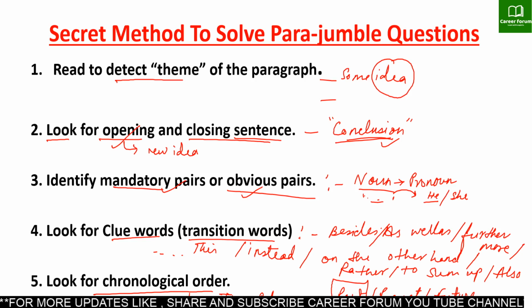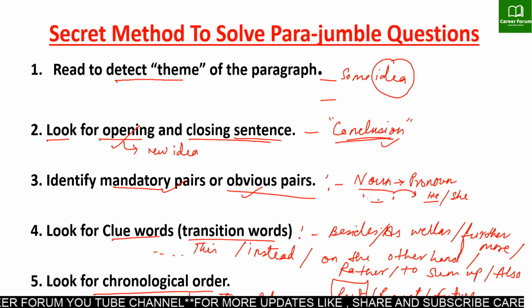First the past, the background or history of something, then the present or contemporary part, and then the future part. Clear? So this is basically how parajumbles need to be solved.